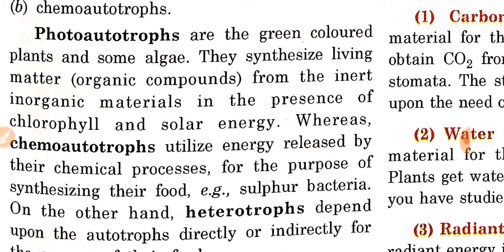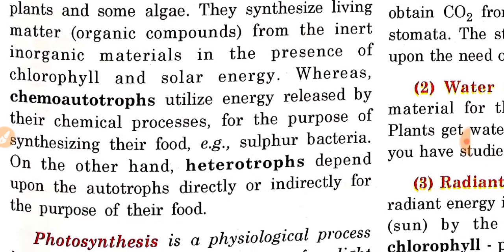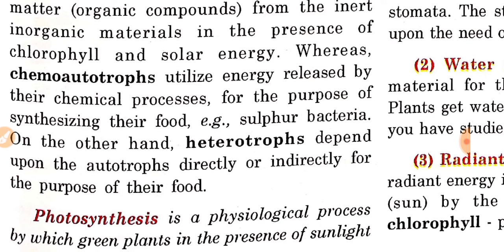That's why they are known as photoautotrophs. Now the second term, chemo, means chemical. Chemoautotrophs utilize energy released by their chemical processes to synthesize their food. An example is sulfur bacteria. On the other hand, heterotrophs depend upon autotrophs directly or indirectly for food.